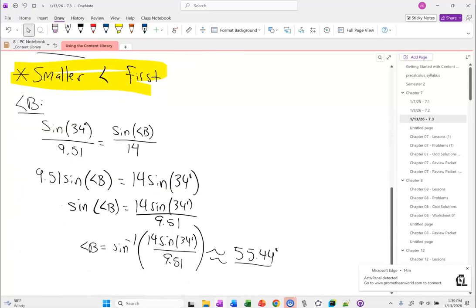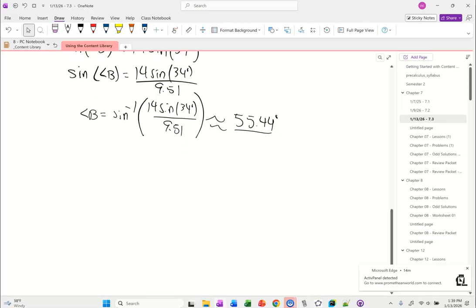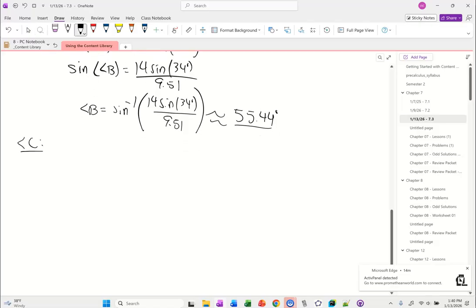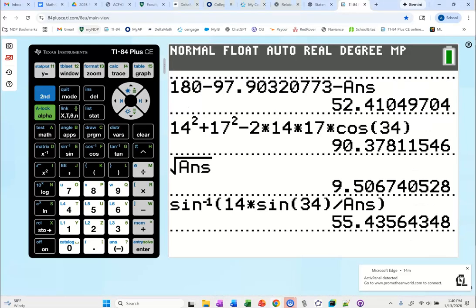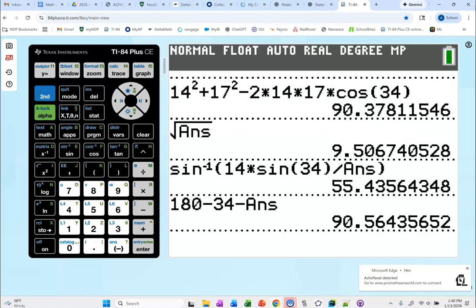And now we're ready to find angle C. How are we going to find angle C? Good. So 180 minus 34 minus our last answer. So about 90.56.